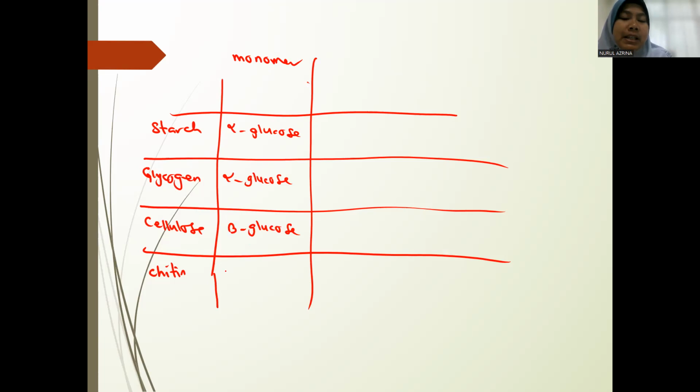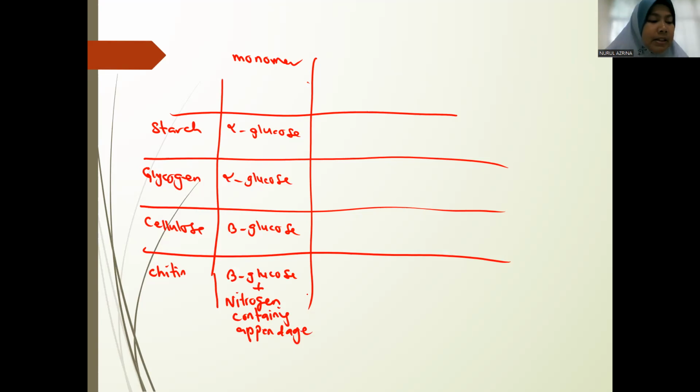Okay, chitin, beta glucose plus, apa tadi? Nitrogen containing appendage. Nitrogen containing appendage. Okay, right.